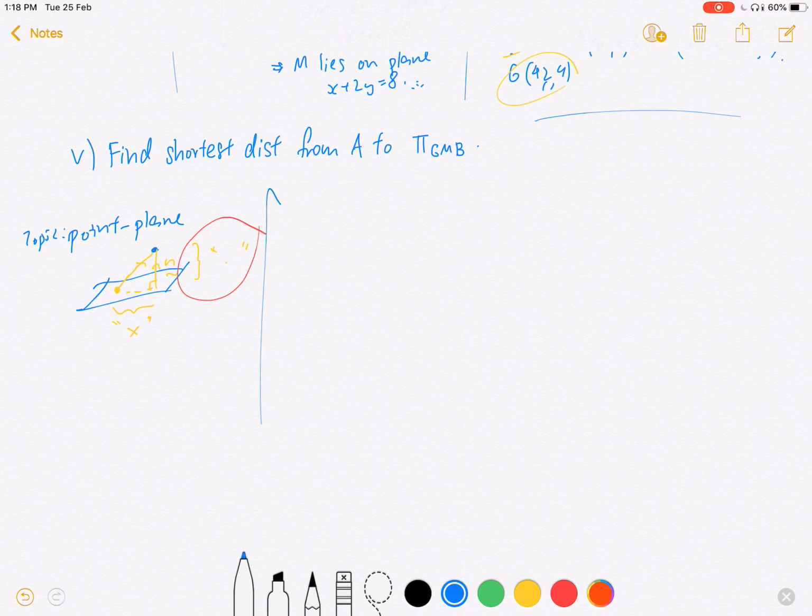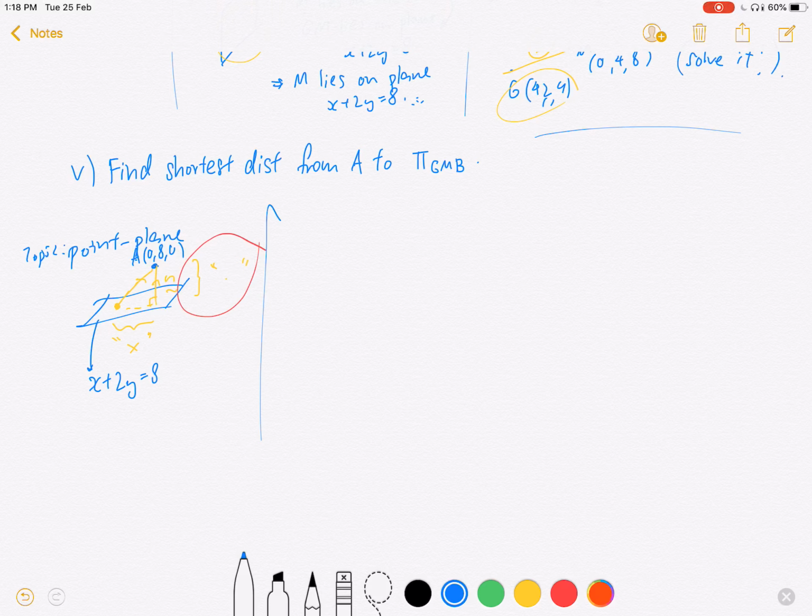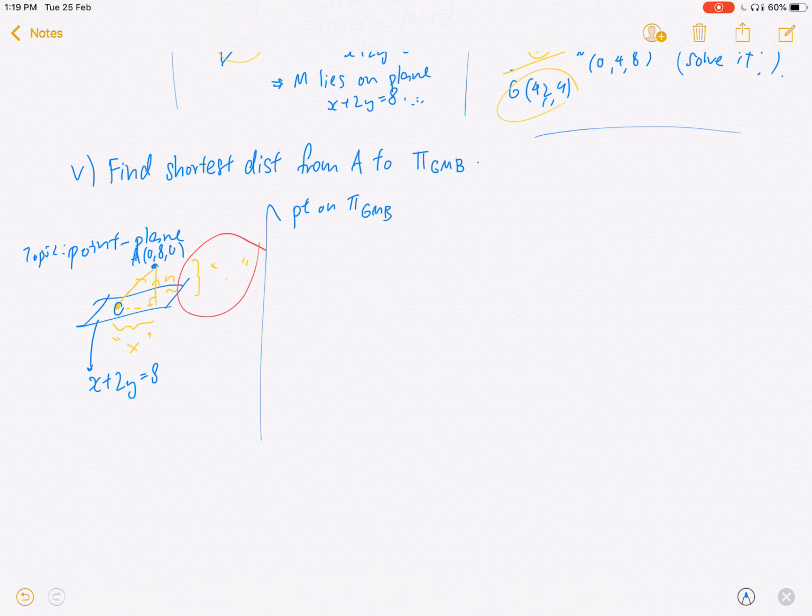Coordinates of A, 0, 8, 0. Equation of plane, it has been given to us. x plus 2y equals to 8. I want a point. I don't care which point. Just find any point. Okay. So point on the plane, which is what we want here.